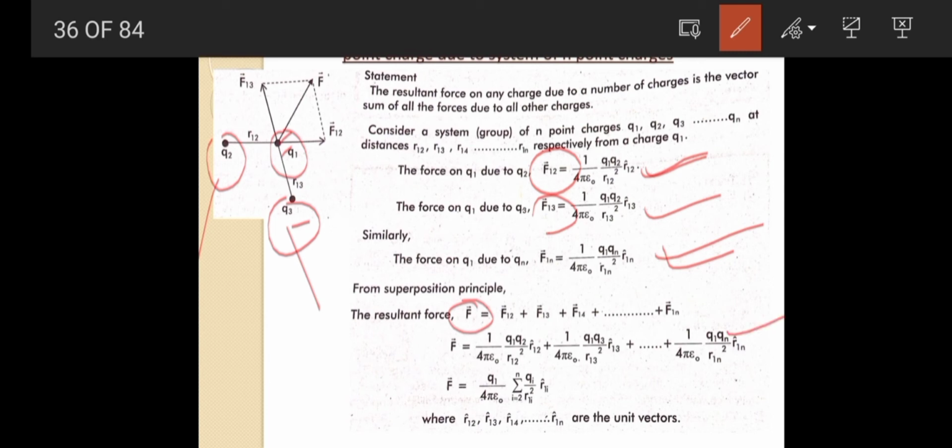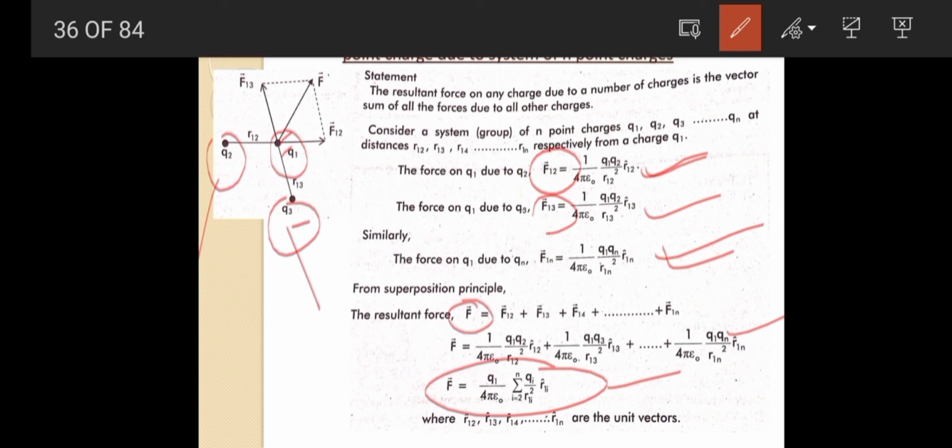If you put it in the summation form, it becomes like this.